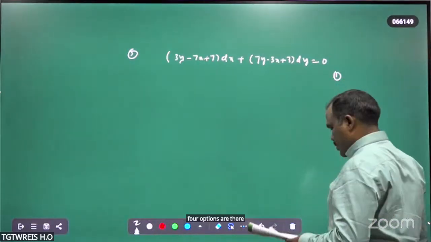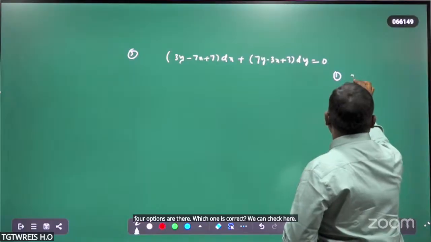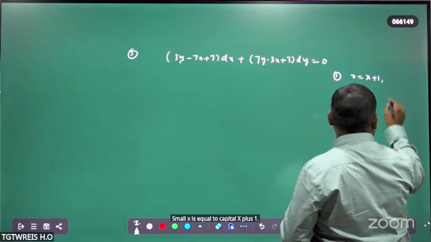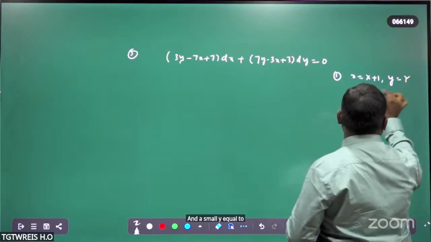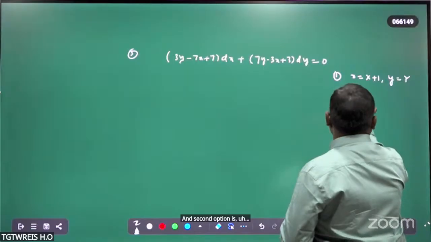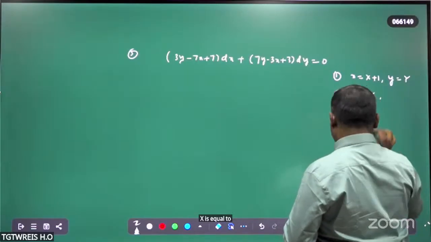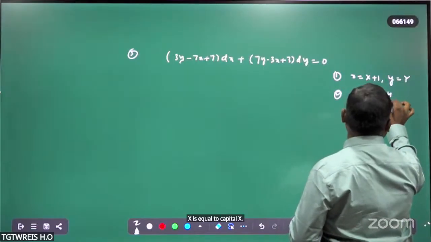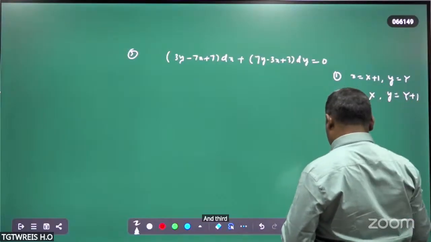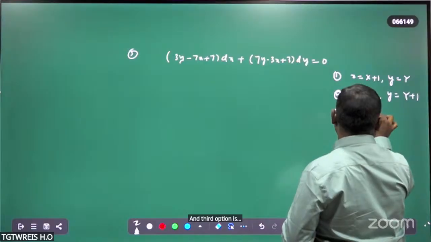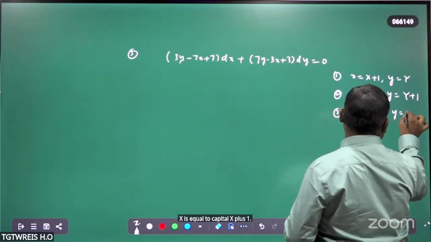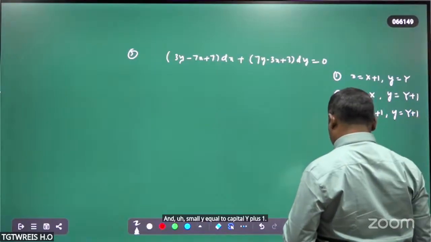Which one is correct? We can check here. First option: small x equals capital X plus 1 and small y equals capital Y. Second option: x equals capital X and y equals capital Y plus 1. Third option: small x equals capital X plus 1 and small y equals capital Y plus 1.